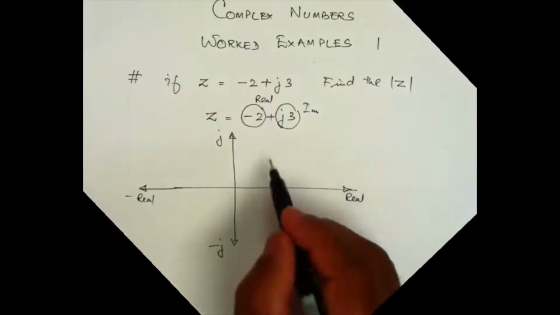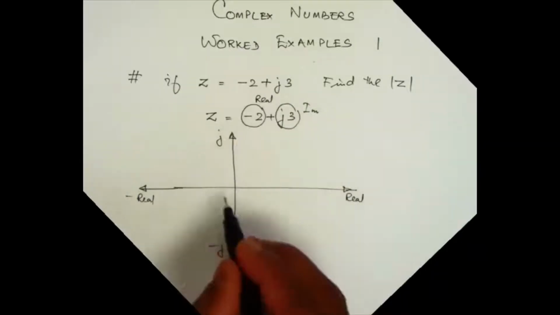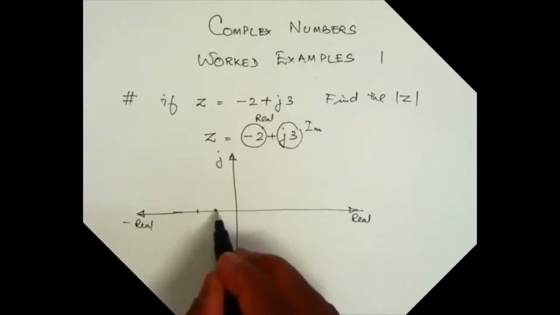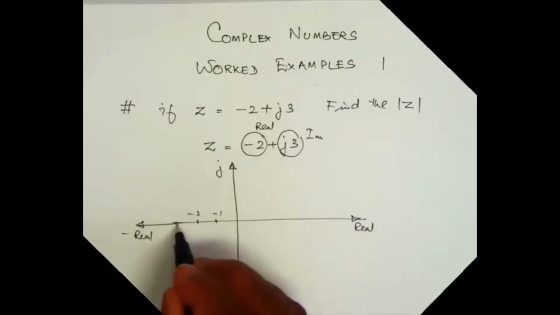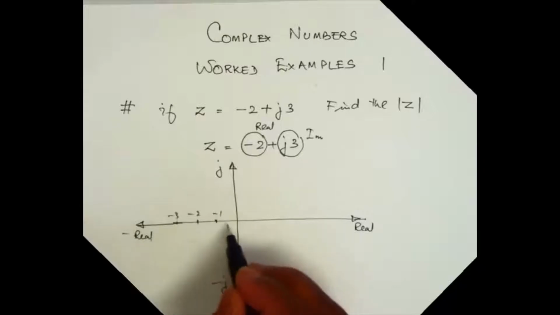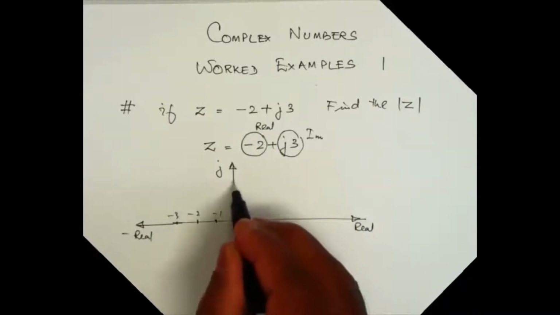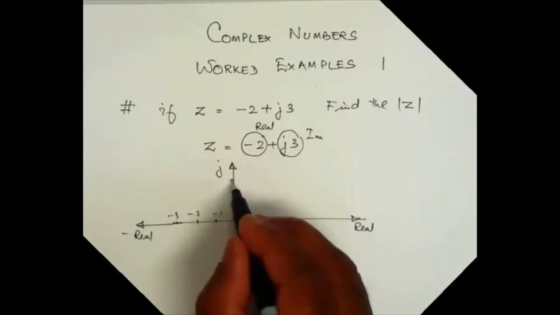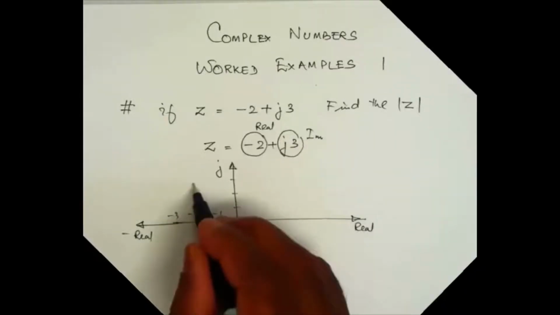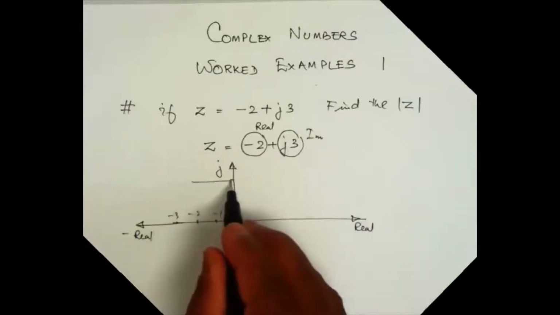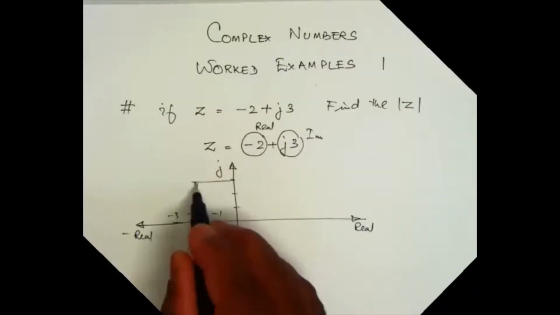So the real part is -2, so say it is somewhere there, that's -1, -2, -3, and then j is 3, so if you take this as 1, 2, 3, that's positive. So this particular complex number can be represented by there, right?